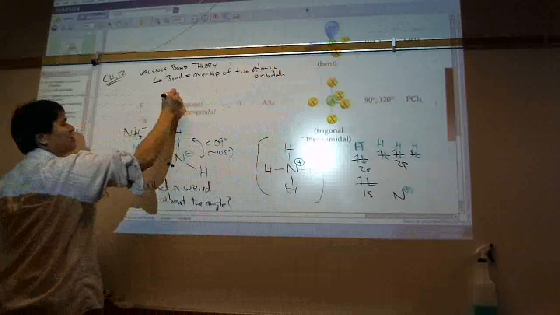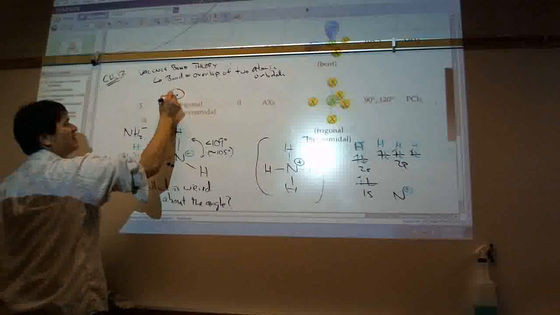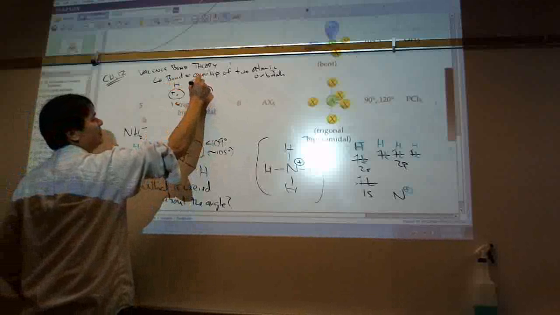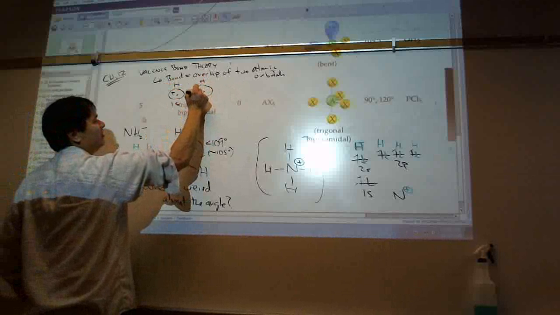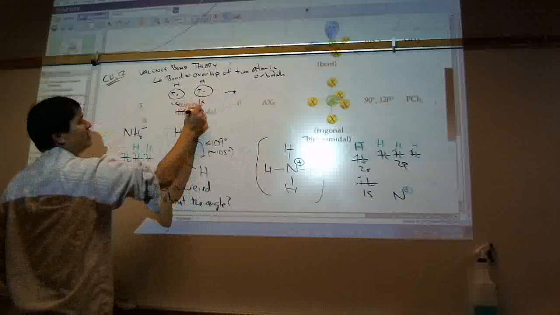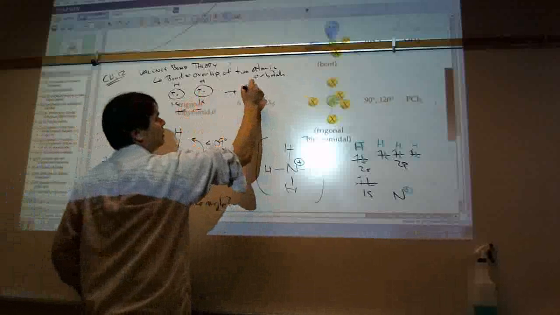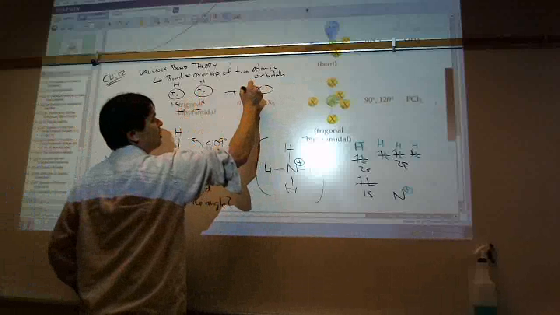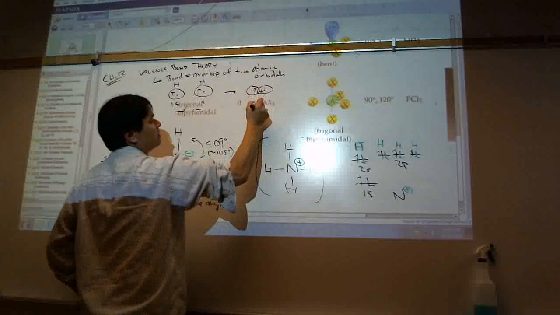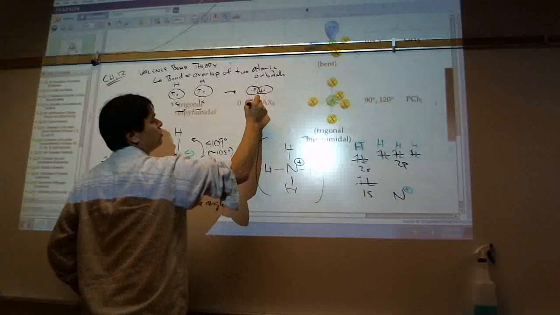So if I have a hydrogen here, 1s, 1 electron, and then I have another hydrogen, 1s, with 1 electron here, what's going to happen is they're going to come together and form a bond. When they come together and form a bond, we just overlap the two 1s orbitals. We've got to flip one of the electrons, like this. But this would be H2.